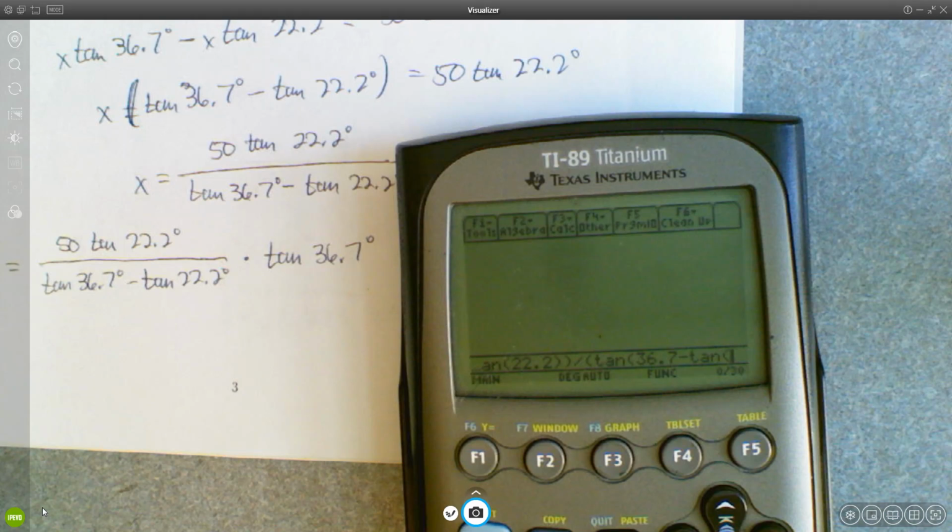Okay, looks good. So I'm coming up with 45. All of that for 45. But there you go. 45 feet, approximately. So there's the height of the tree. It's about 45 feet tall. Okay, so that's that one, and that'll do it for 2.5.